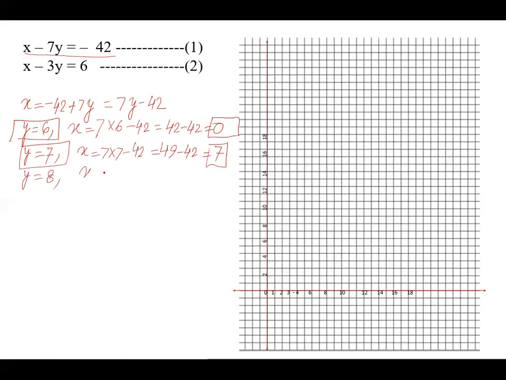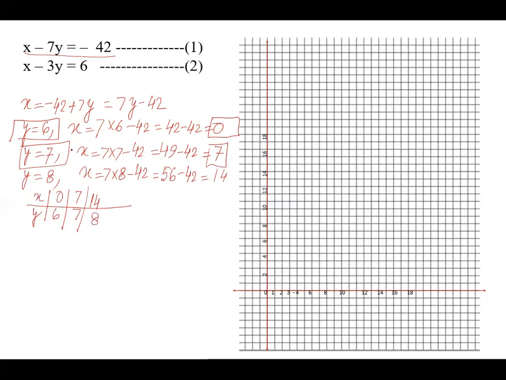So x is equal to 7 into 8 minus 42, 56 minus 42, it will be 14. So I got the table in this way: x is 0, y is 6; x is 7, y is 7; x is 14, y is 8.